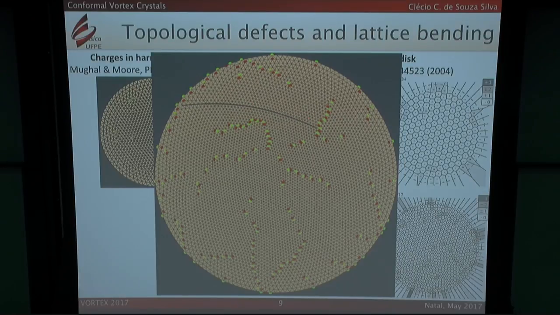So the point is: is it possible to build a kind of two-dimensional crystal where you have really large amounts of particles or vortices with a gradient, but without topological defects in the middle?